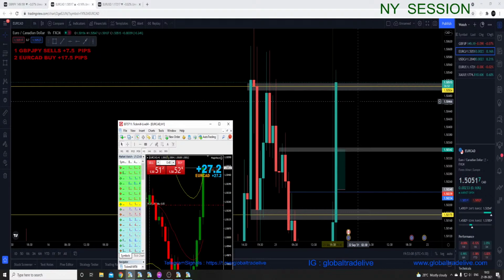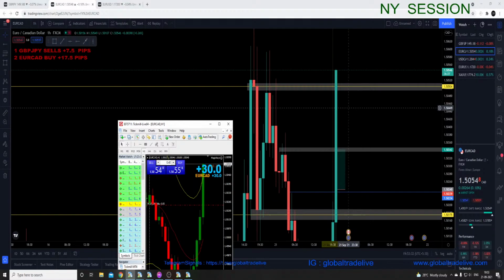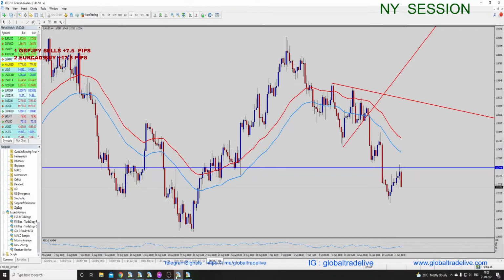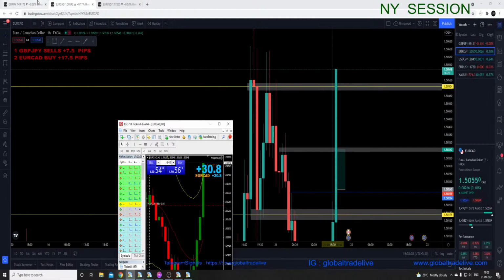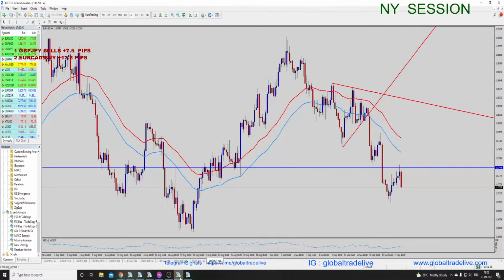I should have just held this trade with the full lot, because I knew this high was coming, but on the other hand, there was also risk involved. So yeah, it just crossed those highs.